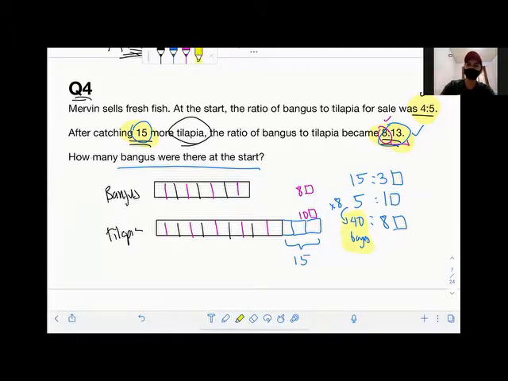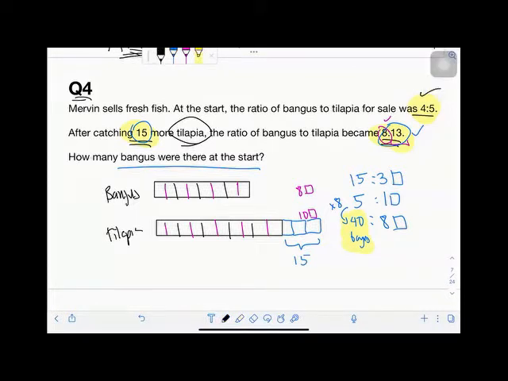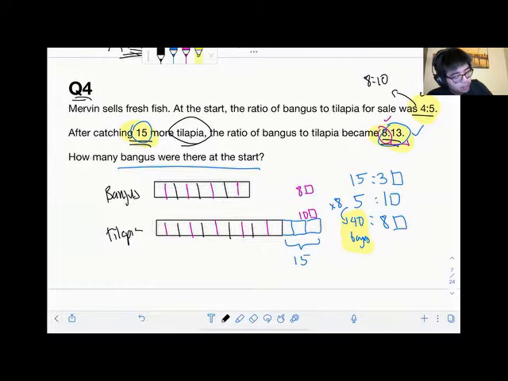Ayun. 40 bangus. Ganun din. Parang ganun yung pinakamalakas nating trick with yung ratio, no? Yung paghahati. Ibig sabihin yung 4:5, ginawa po nating 8:10.